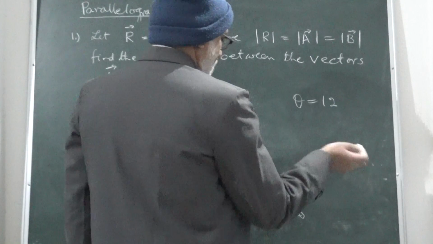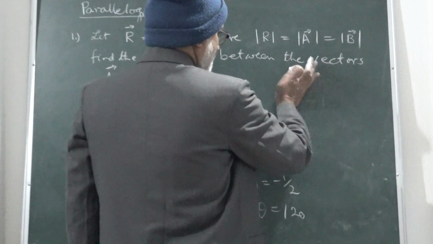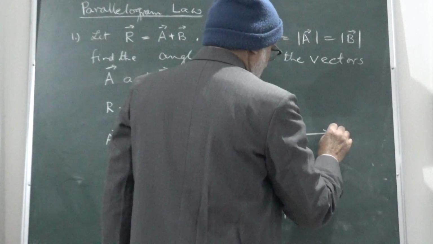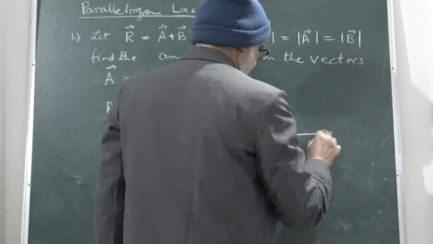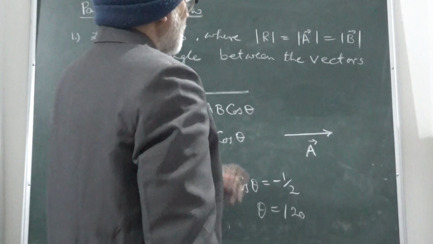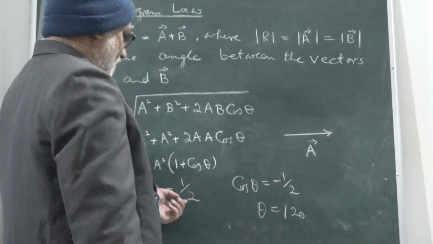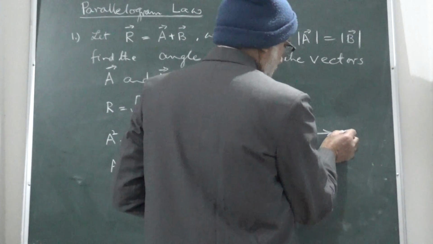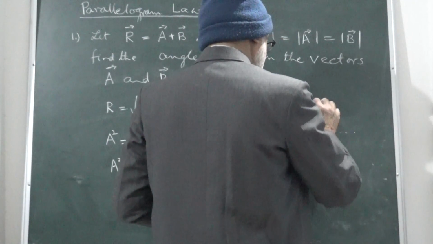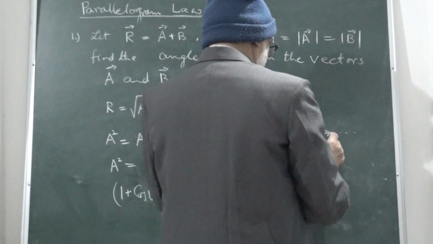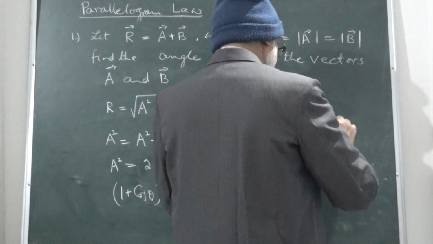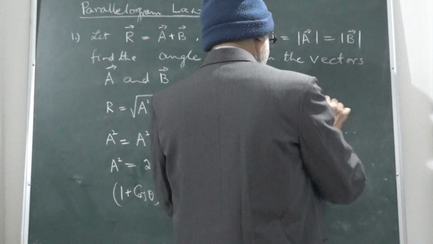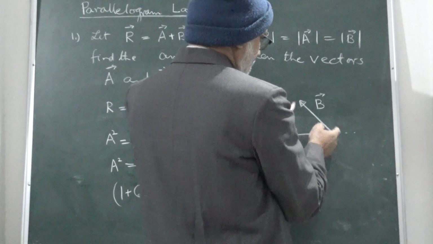It means geometrically if you try to work out, if this is vector A, and the angle between the vector A and B is 120 degree, then draw 120 degree here, and the magnitudes are equal, so the lengths are equal.